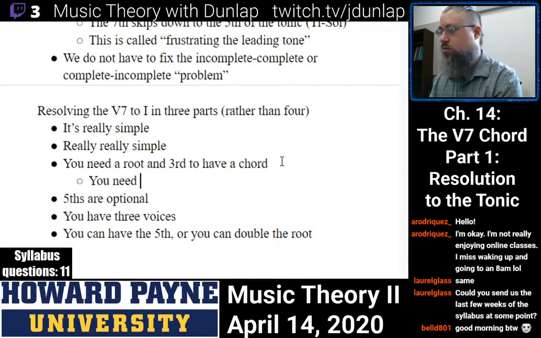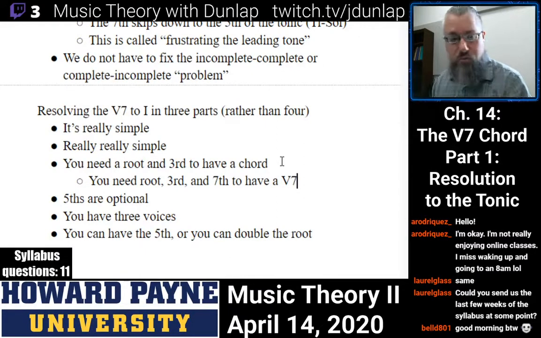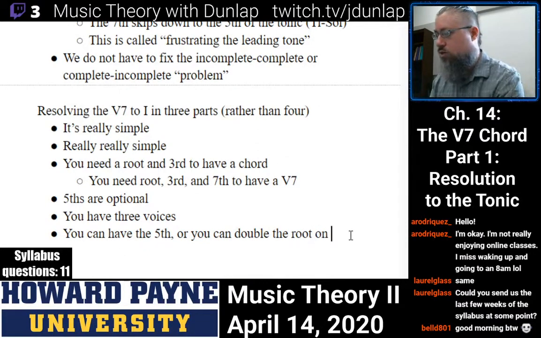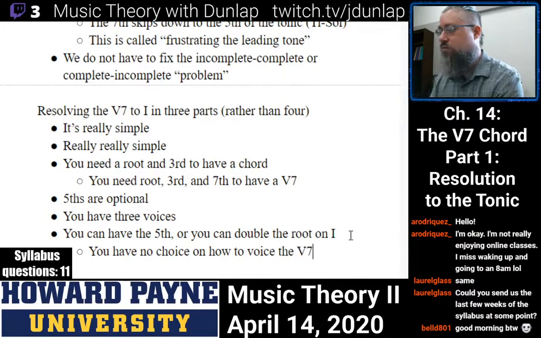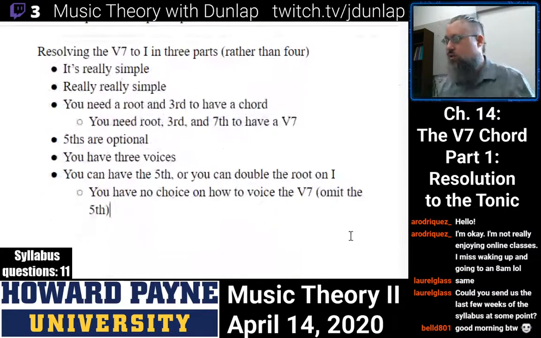You need root, third, and 7th to have a 5/7, okay? 5ths are optional. You have 3 voices. You can have the 5th, or you can double the root on 1. You have no choice on how to voice the 5/7. Omit the 5th. Everyone understand that?